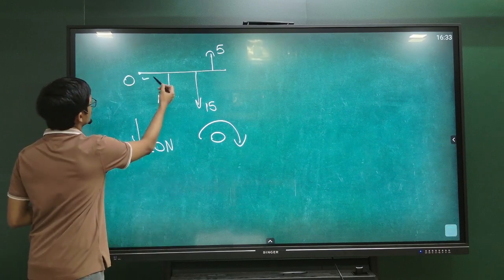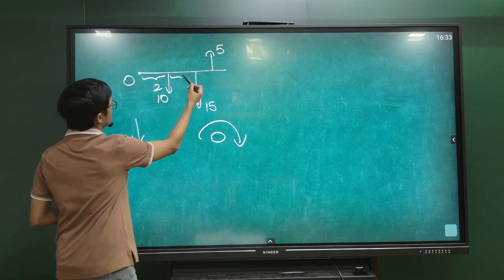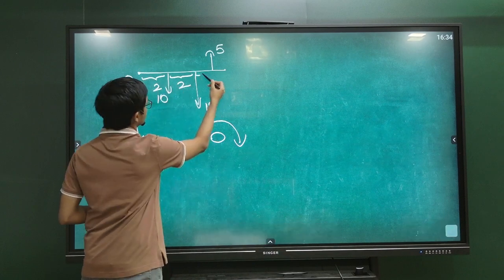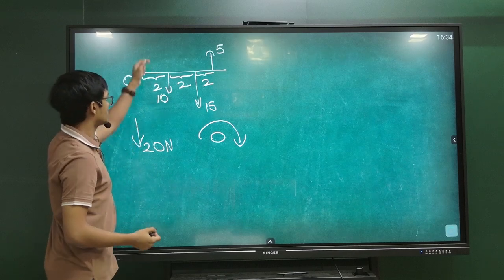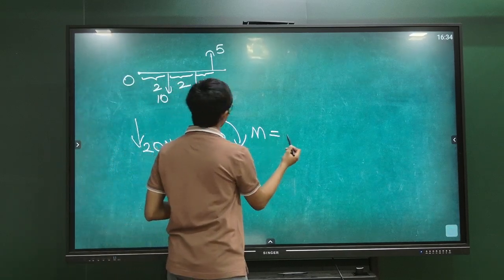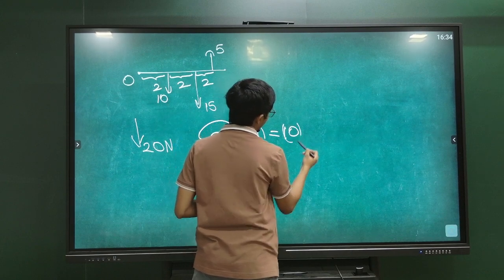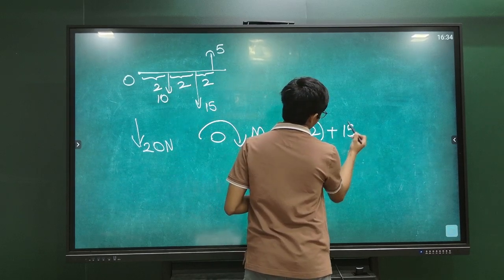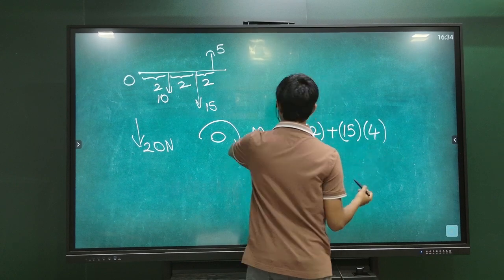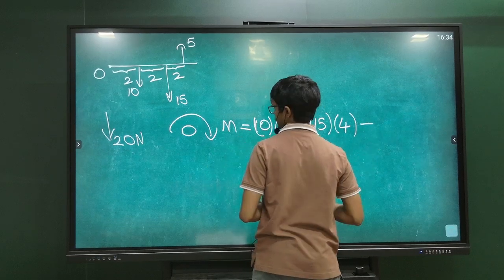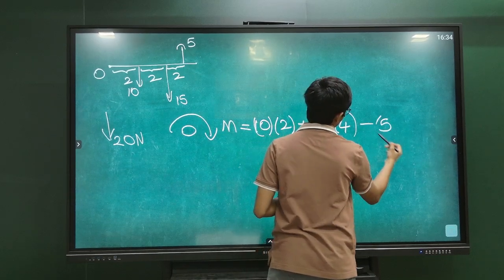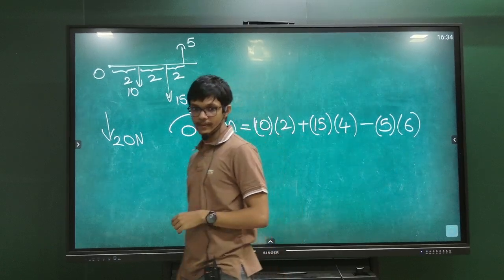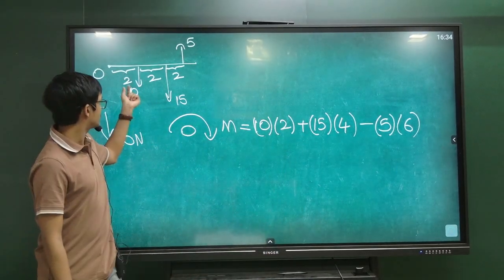If this length is 2, if this length is again 2, then again if this distance is 2, I can write 10 into 2 moment, plus 15 into 4, minus 5 into 6. Clear? This is the sum of each moment.